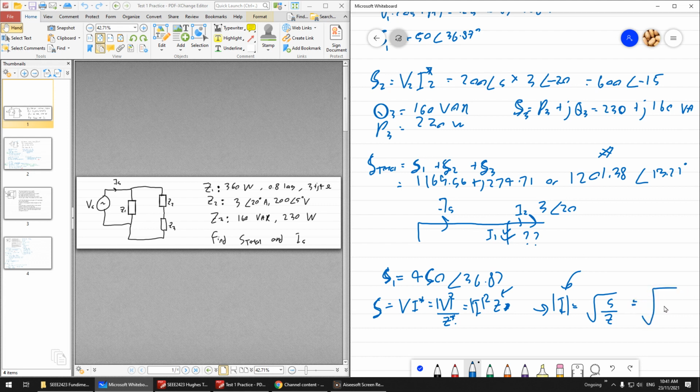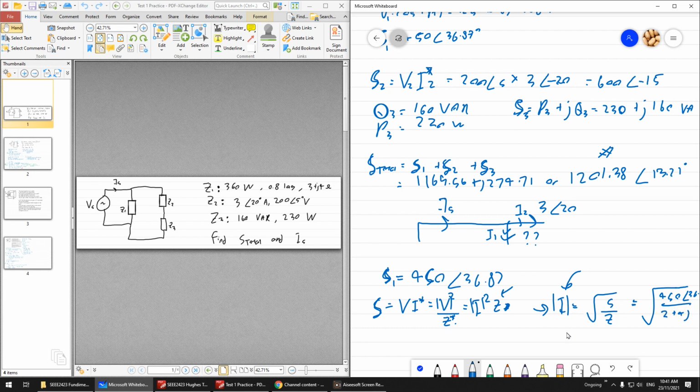So S is equal to 450 angle 36.8, divided by Z, which is 3 plus 4J.